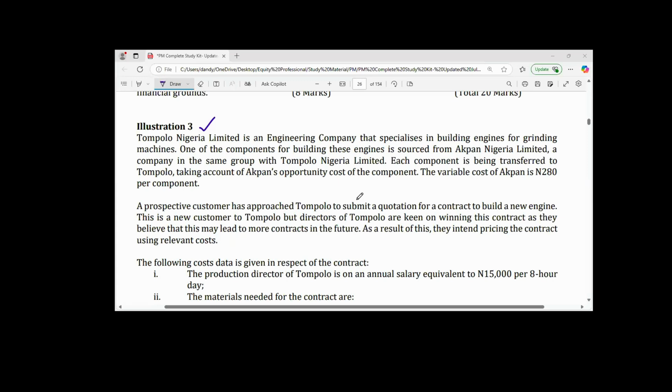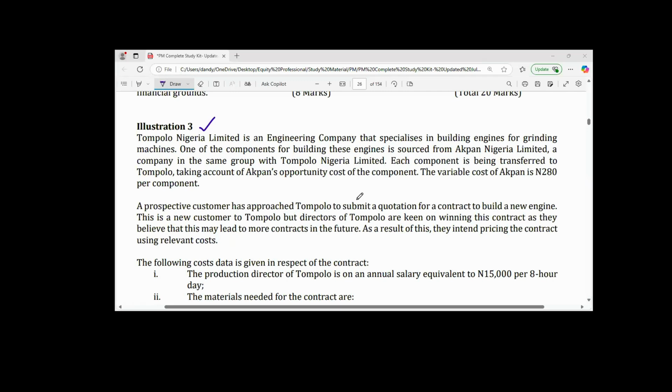A prospective customer has approached Tompolo to submit a quotation for a contract to build a new engine. This is a new customer to Tompolo, but directors of Tompolo are keen on winning this contract as they believe that this may lead to more contracts in the future.